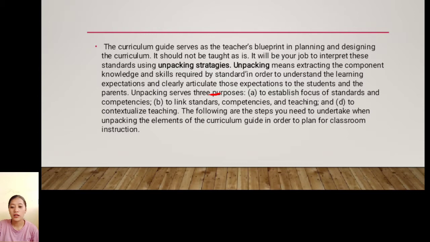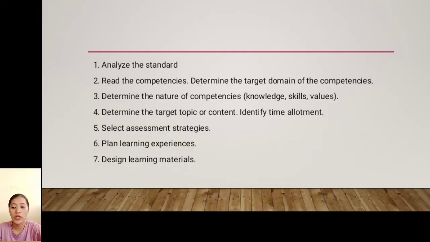The following are the steps you need to undertake when unpacking the elements of the curriculum guide in order to plan for the classroom instruction. There are 7 steps. First, analyze the standards. Second, read the competences or determine the target domain of the competences.